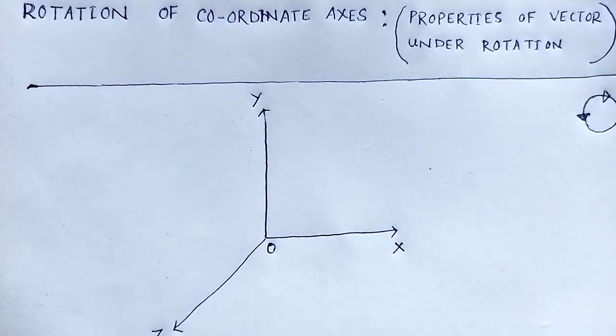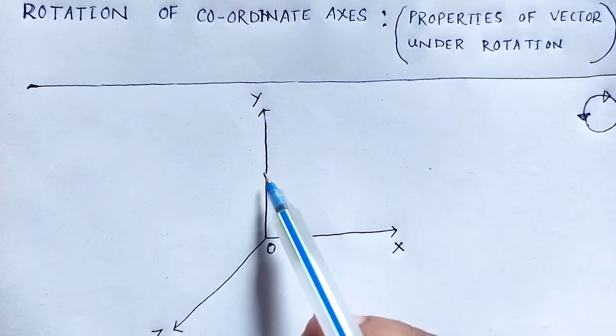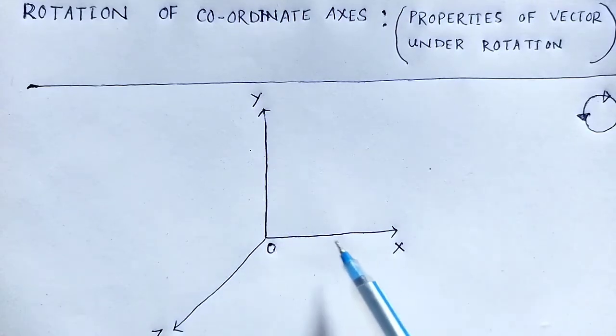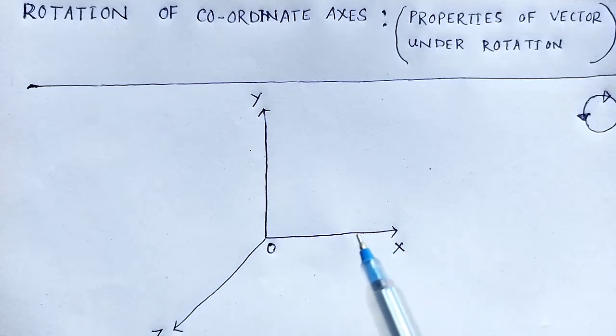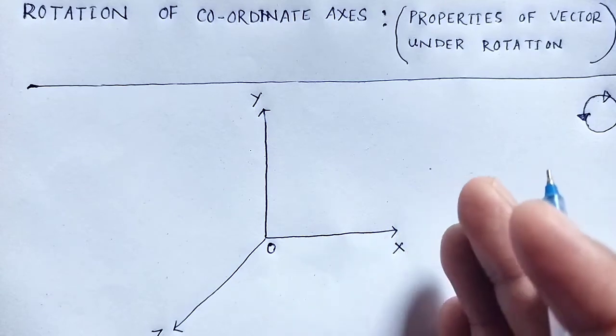Let the rotation be around the z axis, that is, x and y coordinates are rotated counterclockwise through angle theta, keeping the position vector r fixed.